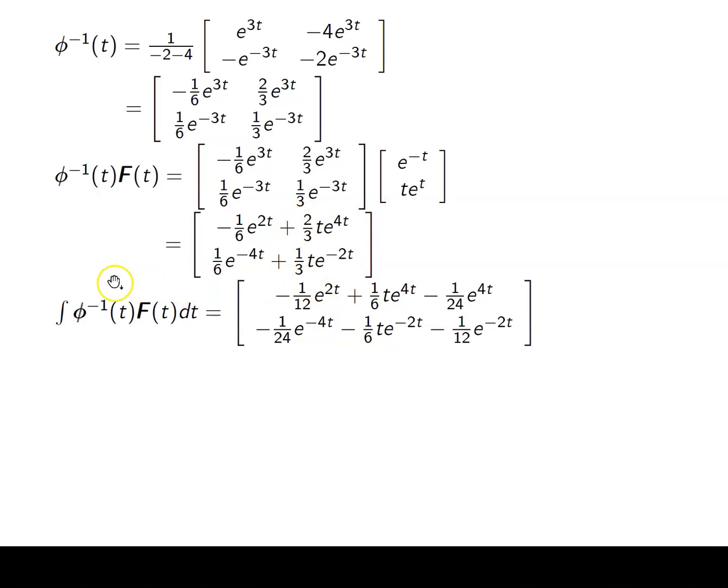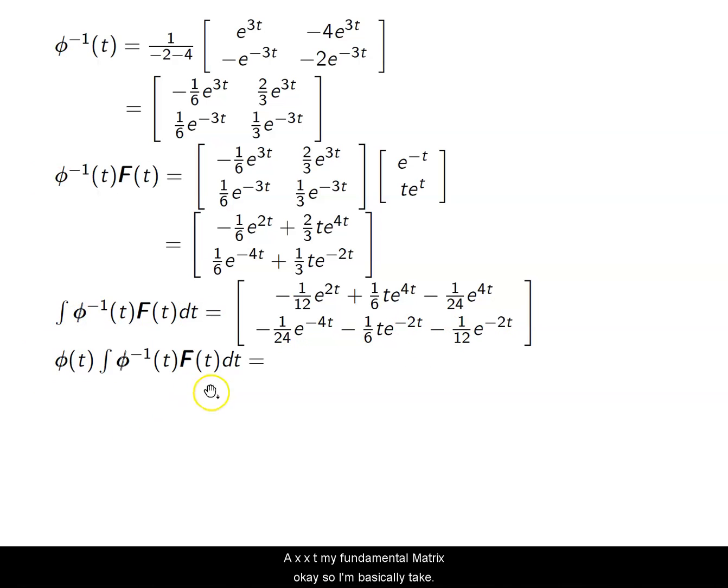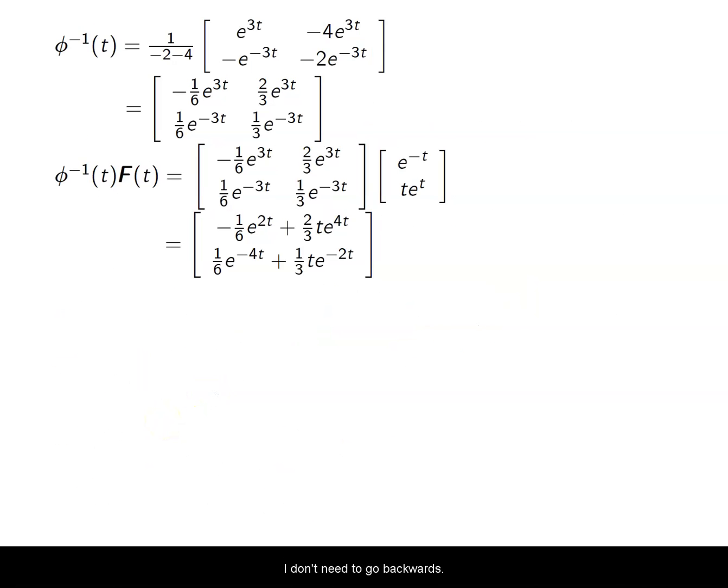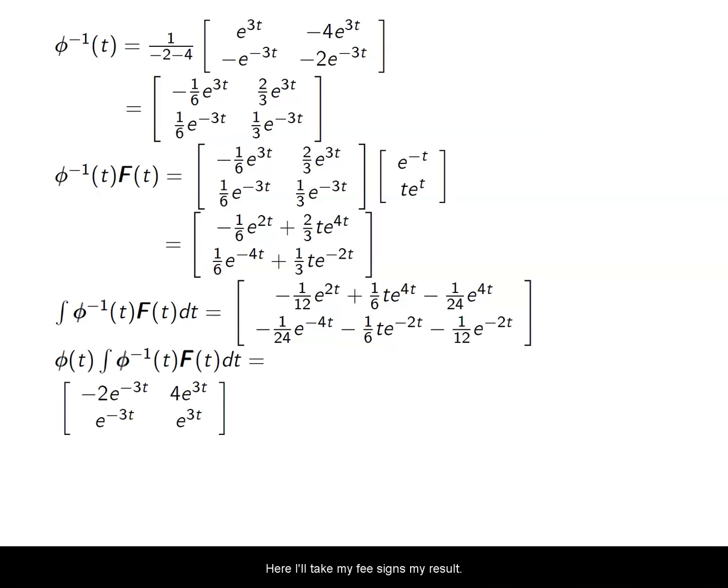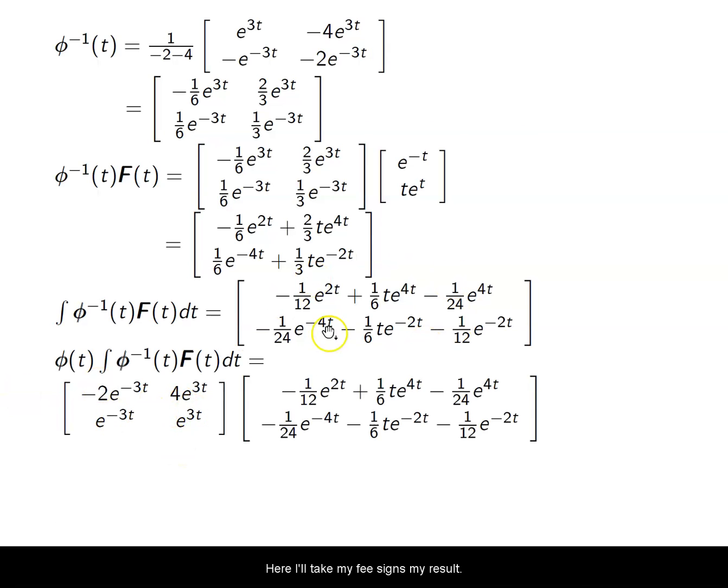The next thing I need to do once I've integrated everything is take this result and multiply it times phi, my fundamental matrix. I'll take my phi times my result.